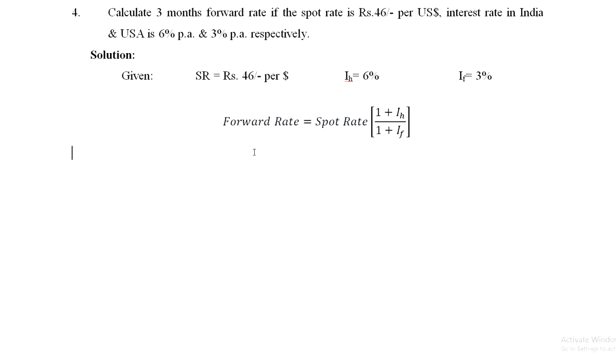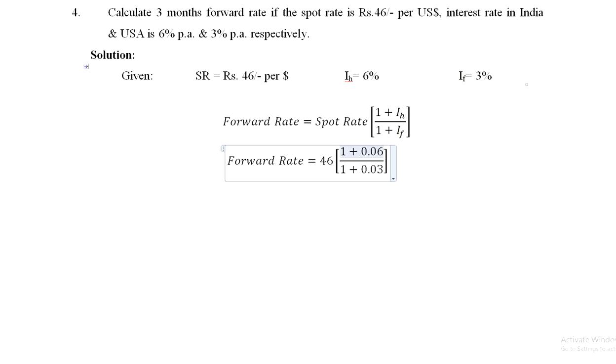The formula is taken over here: forward rate and the spot rate. Spot rate is 46 rupees, and interest rate in India is 0.06, whereas interest rate in US, that is the host country, is 0.03. Now this rate of interest is not for 1 year.